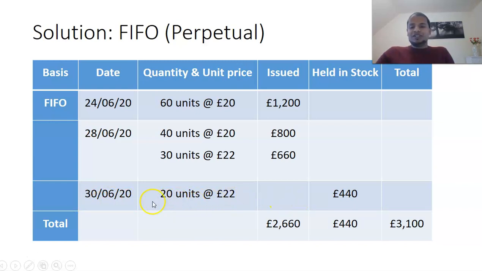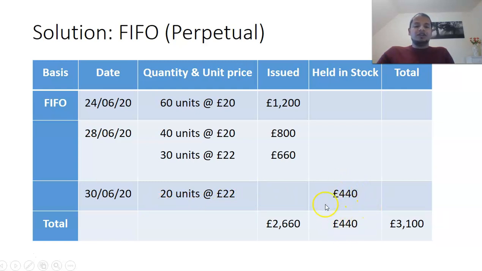So 20 units remain from the latest purchase, the last purchase. Out of 50, 20 units remain at 22 per unit, so 440.